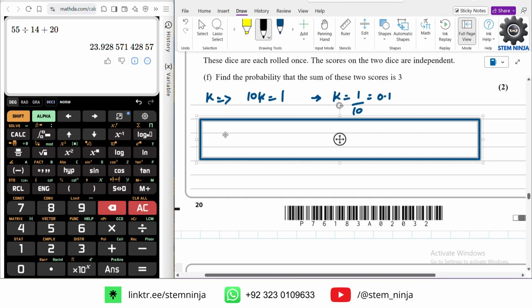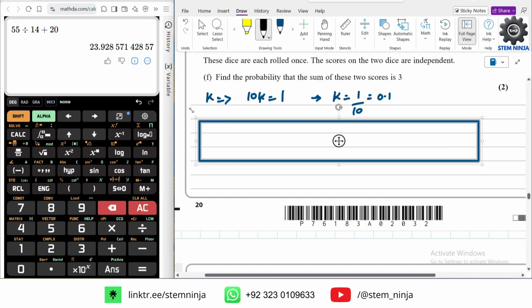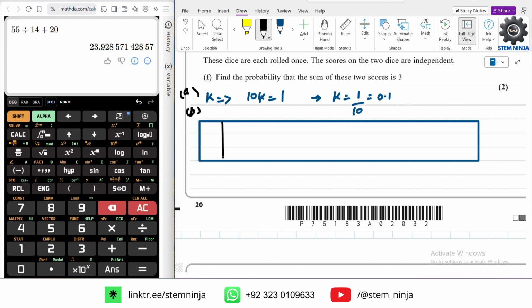So that's it. B, we have x, probability of x, so the first two were 0.1, 0.1, 0.1, 0.2, 0.2, 0.3.